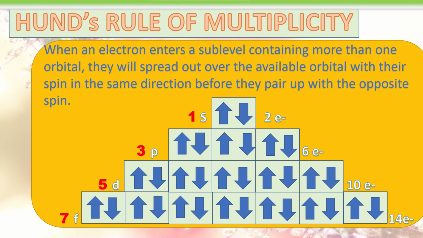And take note that the s orbital can only hold a maximum of 2 electrons. Remember that the p orbitals can only hold 6 electrons, the d orbitals can only hold 10 electrons, and the f can only hold 14 electrons.